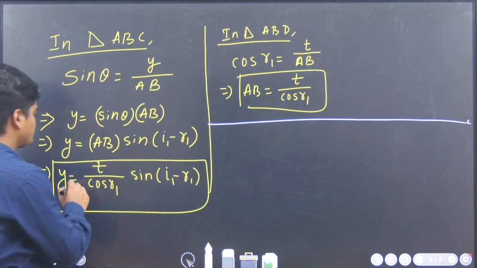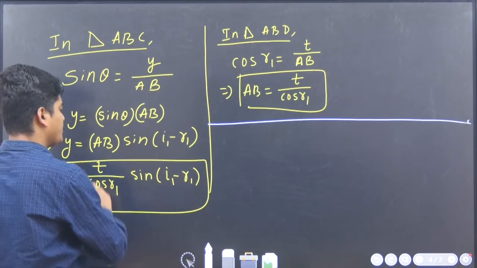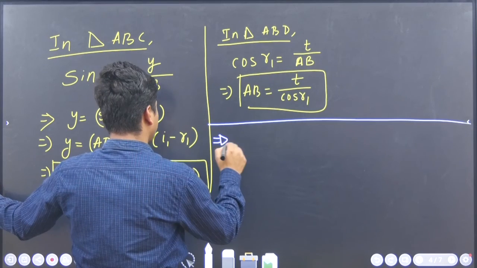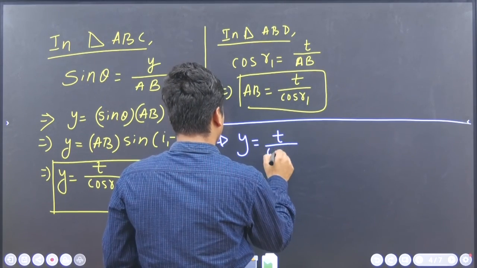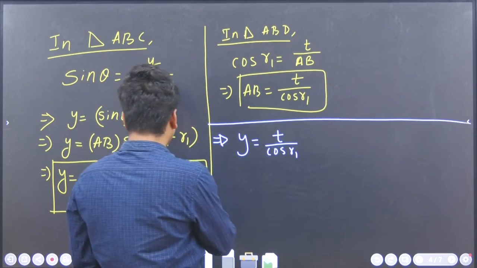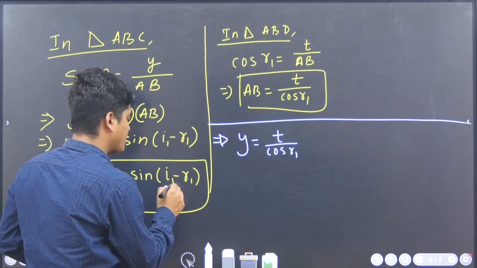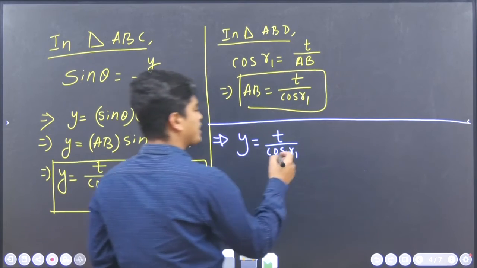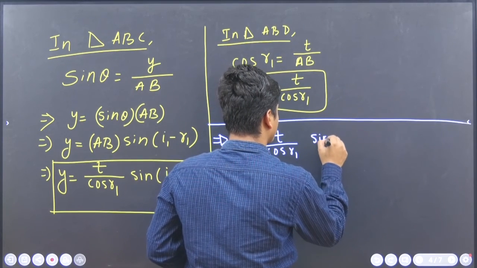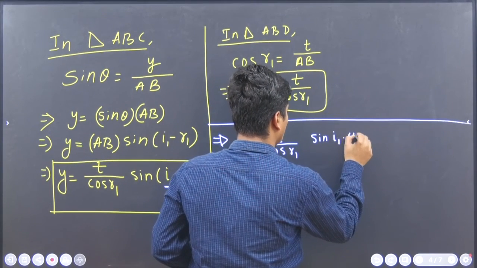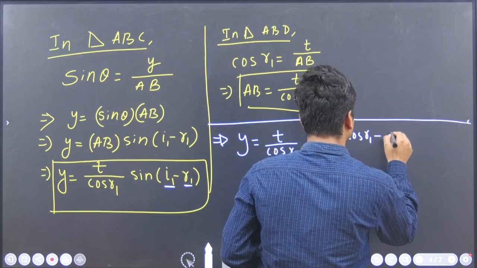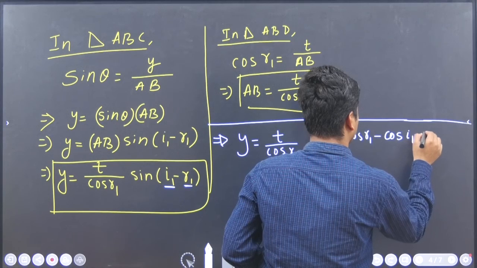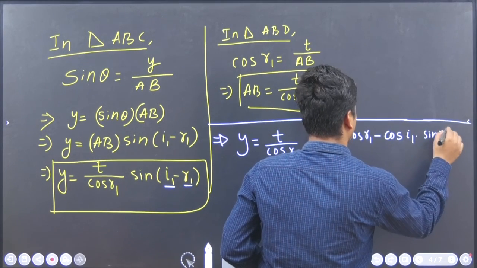Now if I do modification here, I can write my y equal to T by cos R1 and I apply the sin A minus B formula. This is A, this is B. So I apply sin I1 into cos R1 minus cos I1 sin R1.